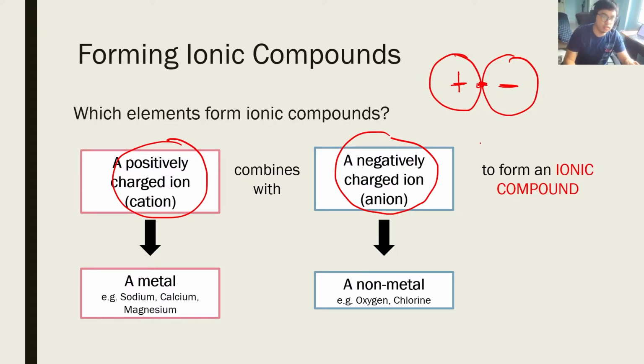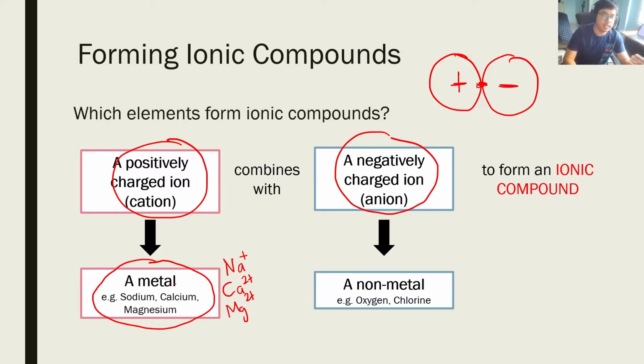One thing you need to note is that usually metals, elements that are metals, will form positively charged ion. So for example, sodium will become sodium plus ion, calcium becomes calcium 2 plus, and magnesium becomes magnesium 2 plus.